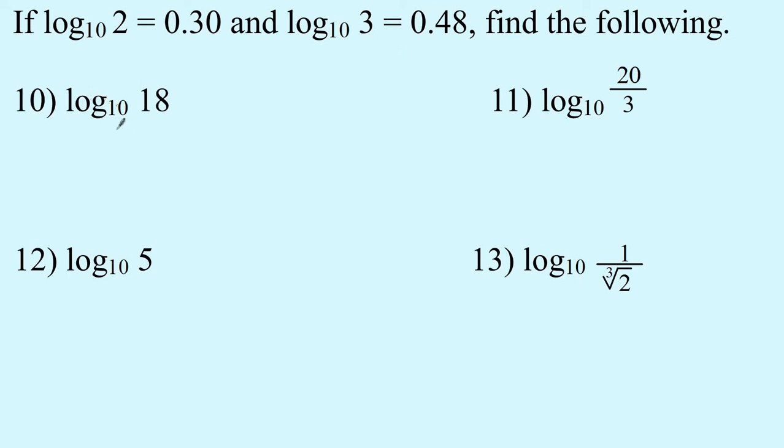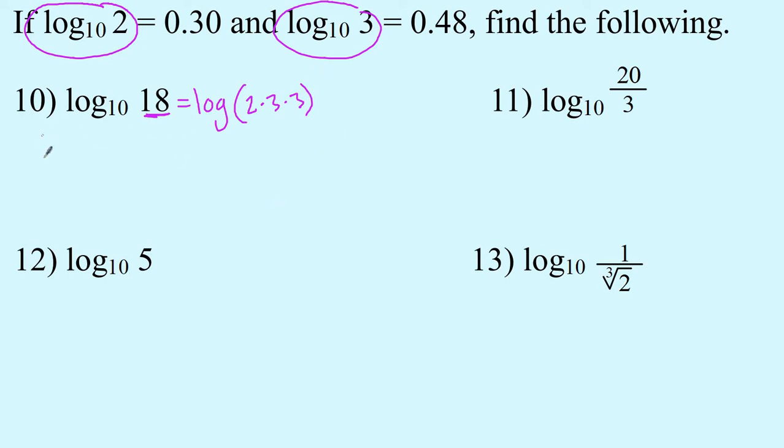So we want log base 10 of 18. Well, all we know is log 2 and log 3. But I want log of 18. Well, I can get 18 by doing 2 times 3 times 3.